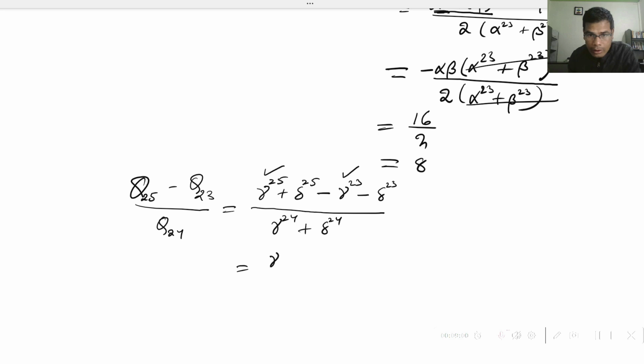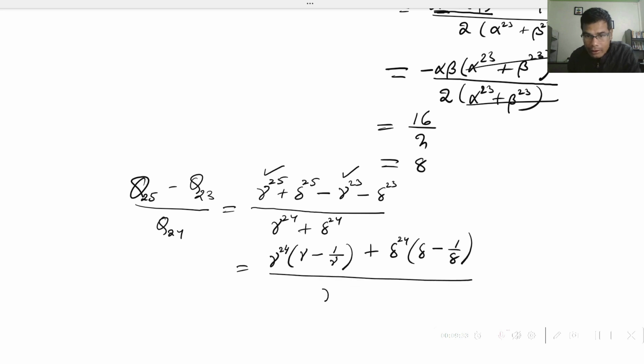So in the same way we combine gamma. This is gamma to the power 24, I'll take common, then gamma minus 1 by gamma, plus delta to the power 24, then delta minus 1 by delta, and this whole thing divided by gamma to the power 24 plus delta to the power 24.